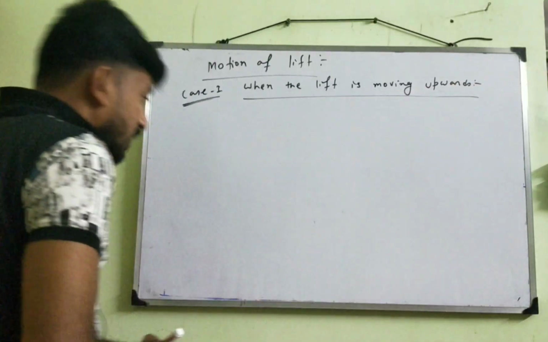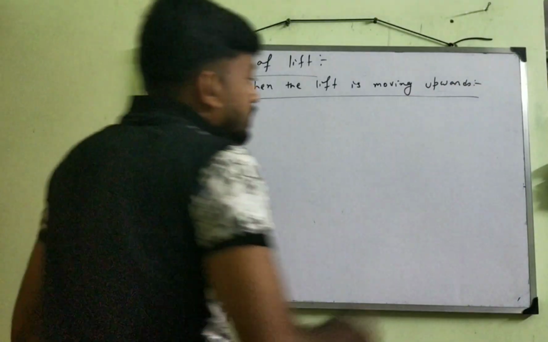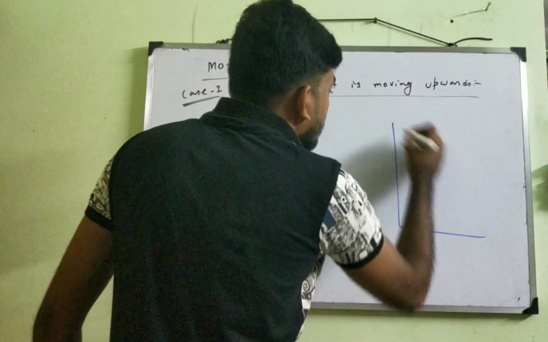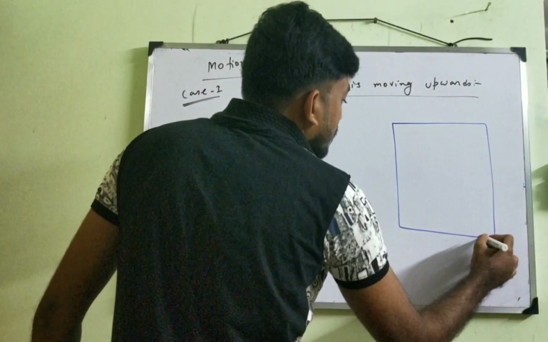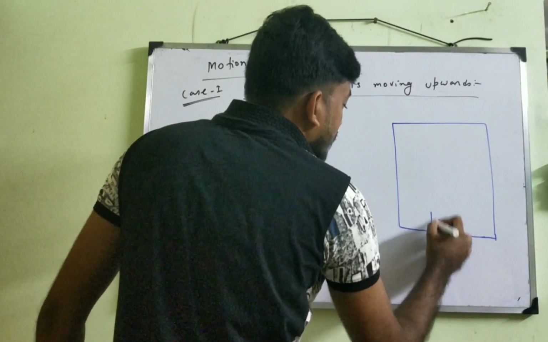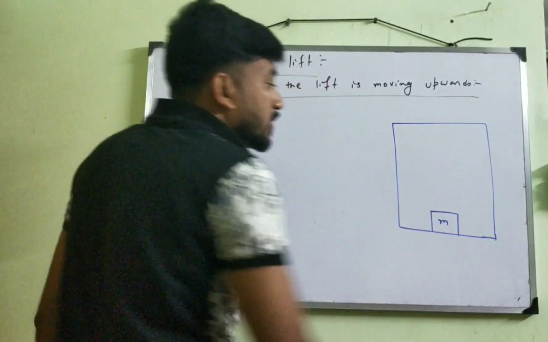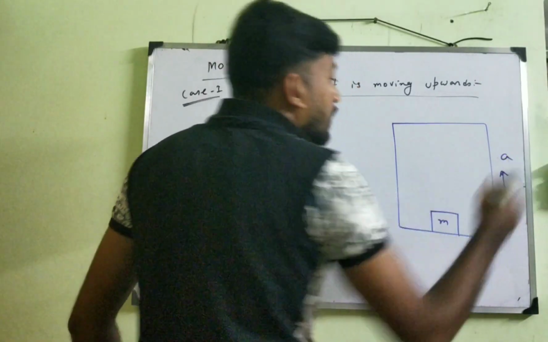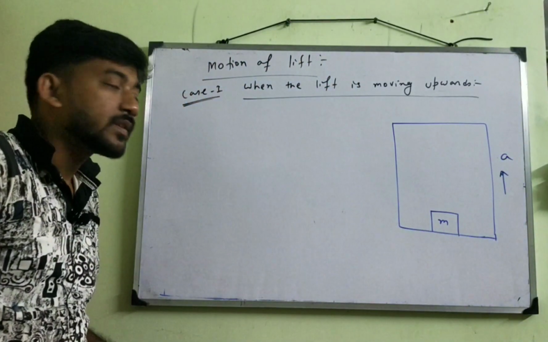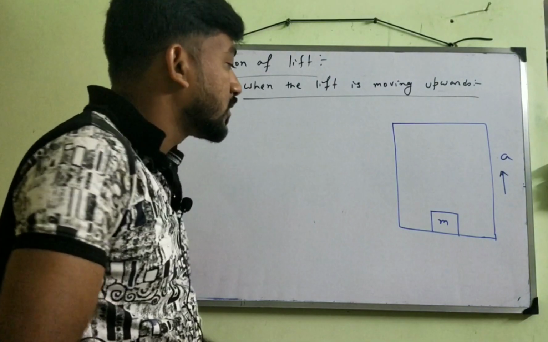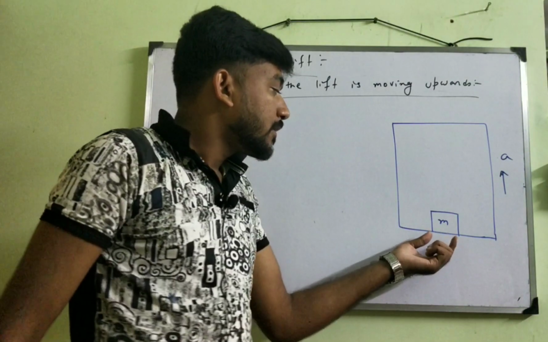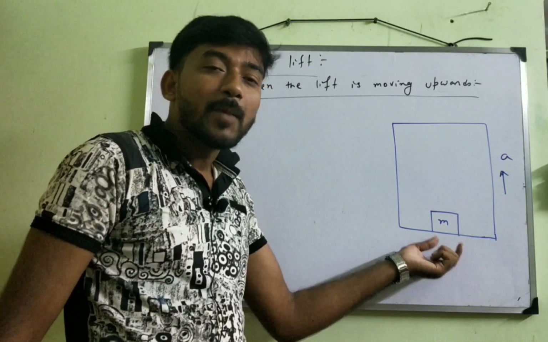Here we consider a lift like this, and an object of mass m is within the lift, and the lift is moving upwards with an acceleration a. Our aim is to determine the force acting on the mass m.